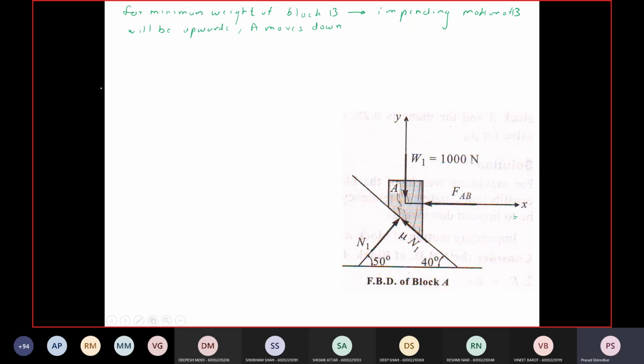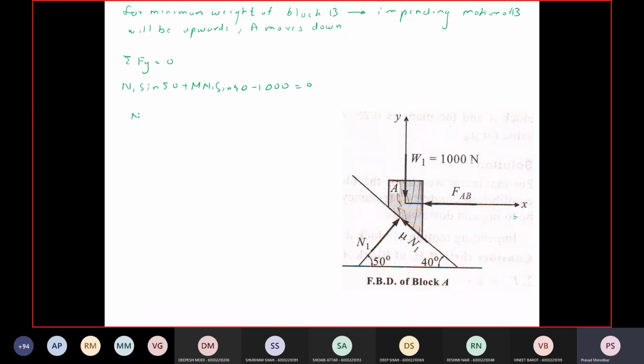So let's write the equation, summation Fy equal to 0. N1 sine 50 plus nu N1 sine 40 minus 1000 is equal to 0.